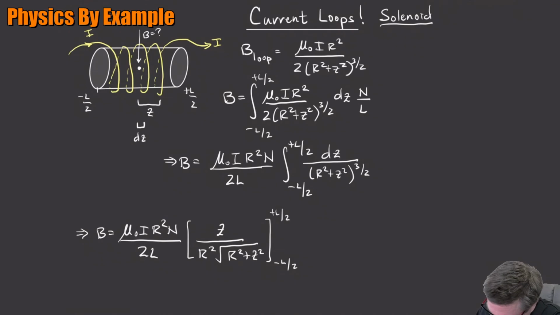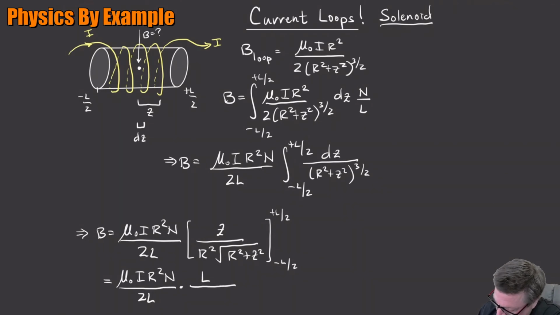So I'm going to have mu naught I r squared N over 2L, and this is going to give me an L, so that's going to cancel, over r squared, that's going to cancel, and I'm going to have the square root of r squared plus L squared over 4. Okay, so let's cancel this stuff out: L, r squared, r squared.